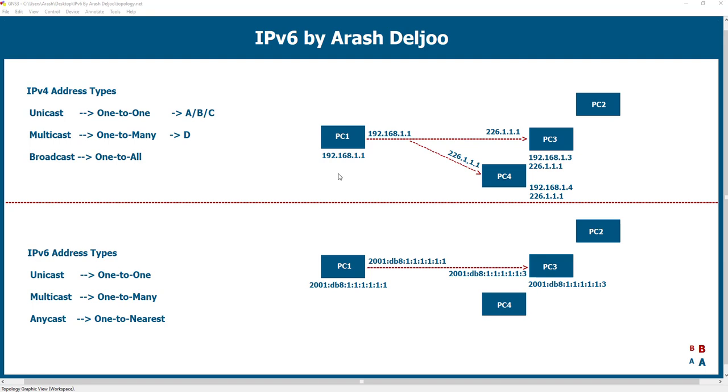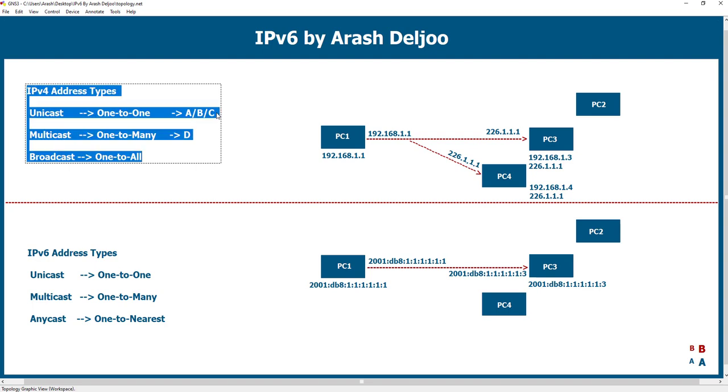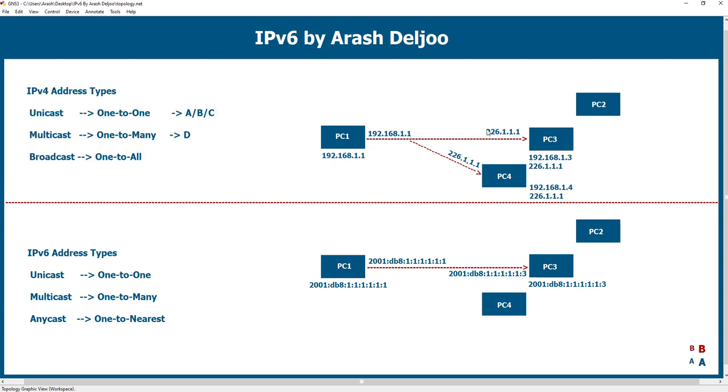So in IPv4 until now, we have unicast communication, one-to-one, such as PC1 to PC3, with unicast addressing from class A, B, or C. And we also have multicast communication, with multicast IP addresses from class D. Multicast means one-to-many.